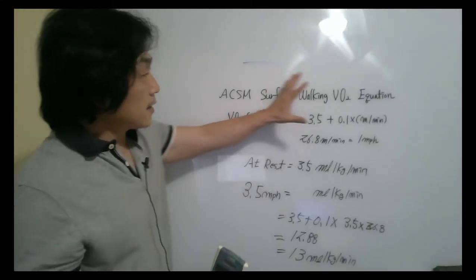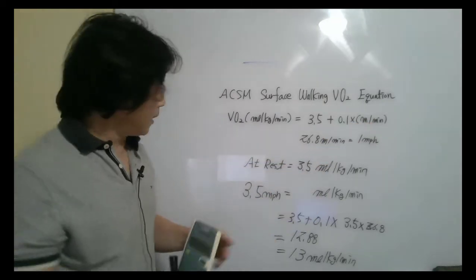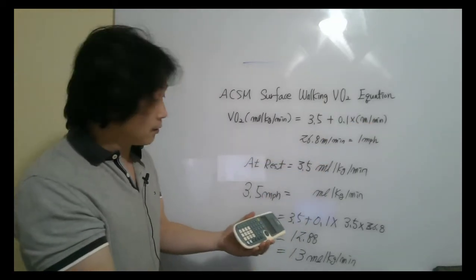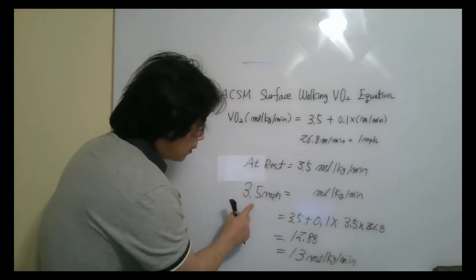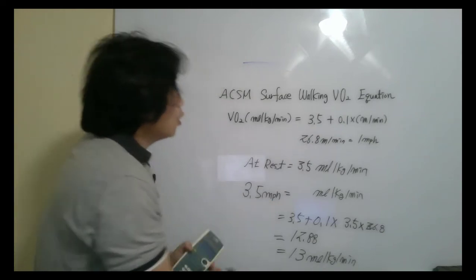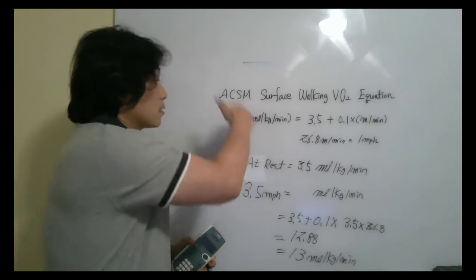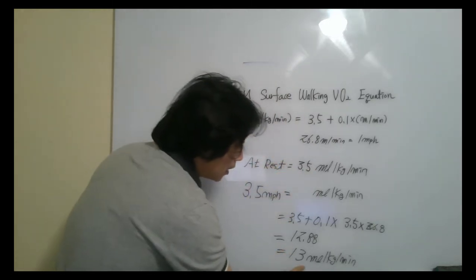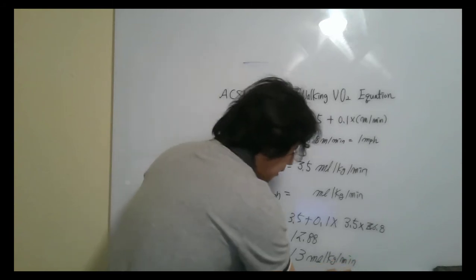So using the ACSM equation, we can calculate our oxygen consumption at rest, 3.5. We already know that. And if you walk at 3.5 miles per hour, your oxygen consumption is supposed to be, based on the ACSM equation, 13 milliliters per kilogram per minute.